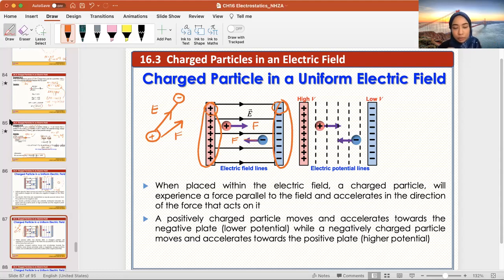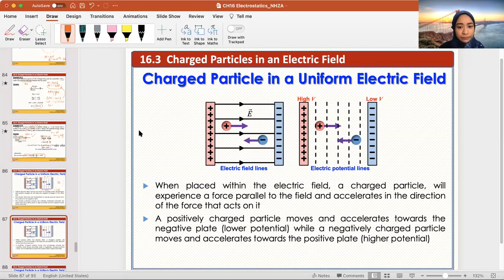Now we don't have a source charge; we have a ruler as the source. Whatever charge you put inside will feel the electric field, and the force depends on the charge that you put inside. I hope that's clear, the distinction between what we talked about earlier versus this one.